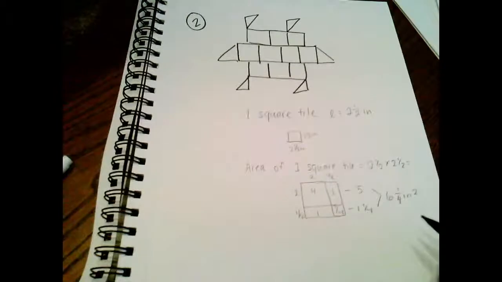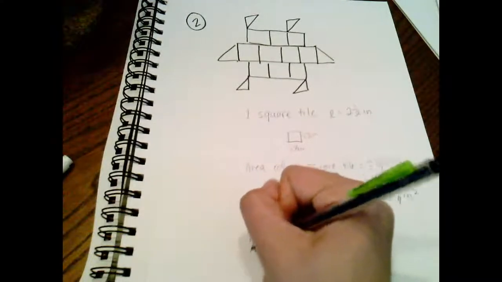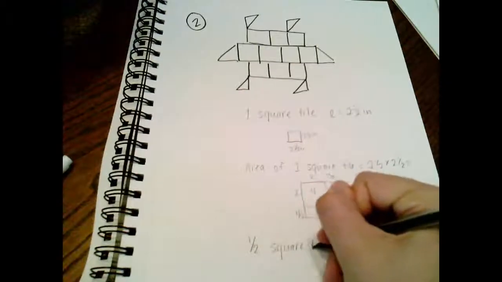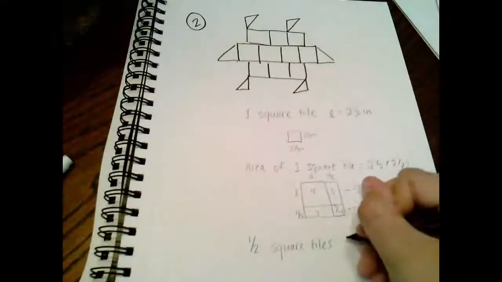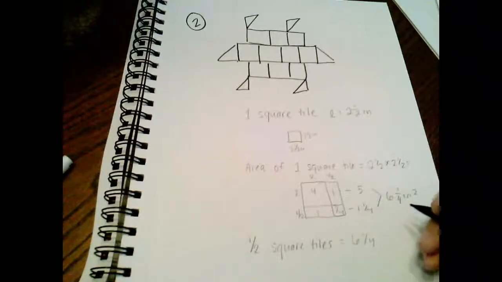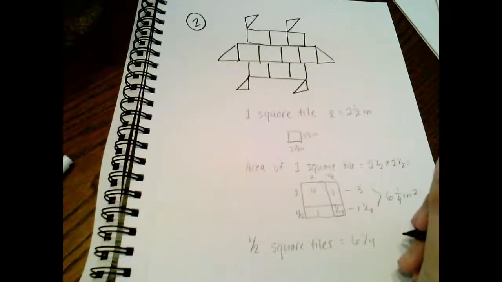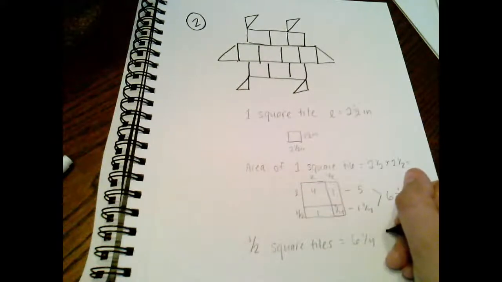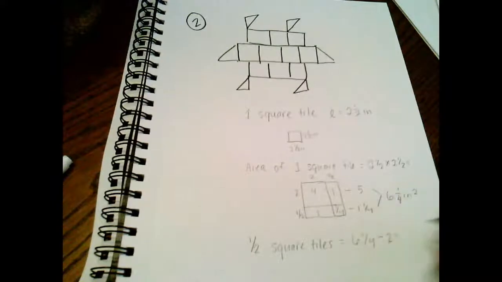Then I know that we have half square tiles. So that means that this 6 1/4 would be divided in half for the half tiles.